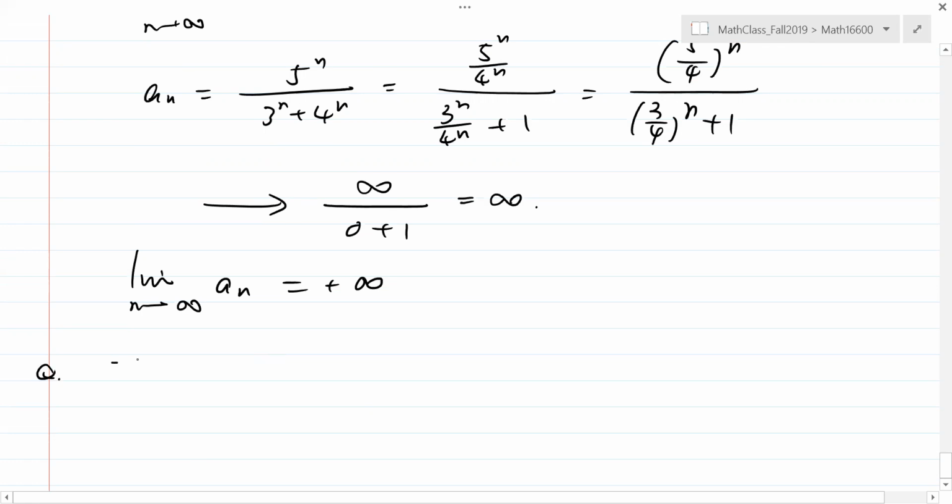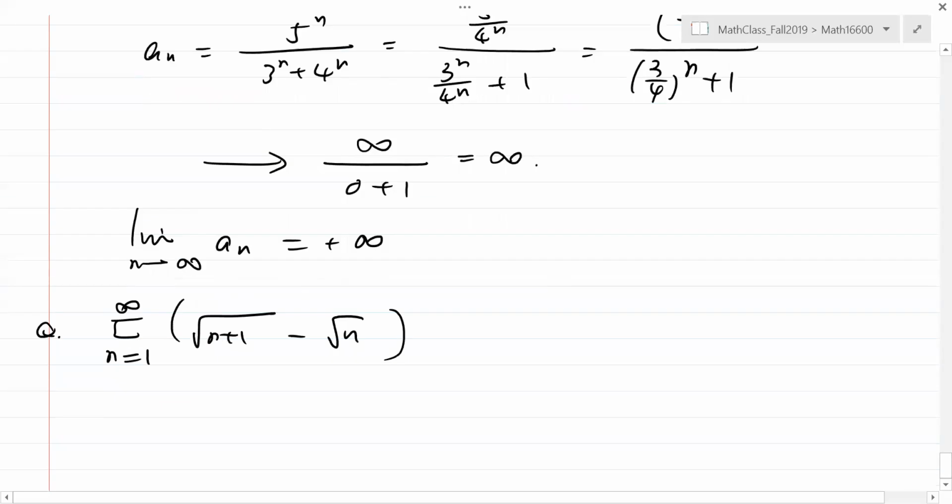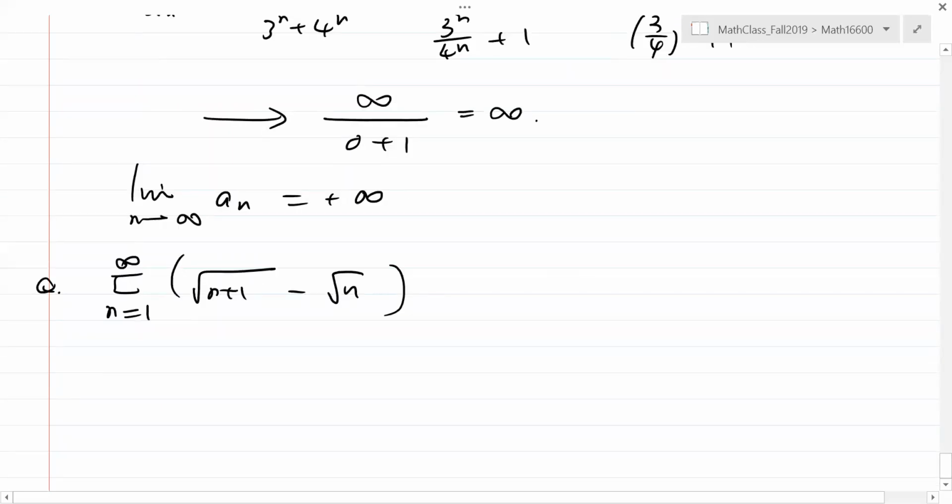Okay. Look at this series. Is it convergent or divergent? Okay, this series I sometimes give to you in a different form. It's like that.